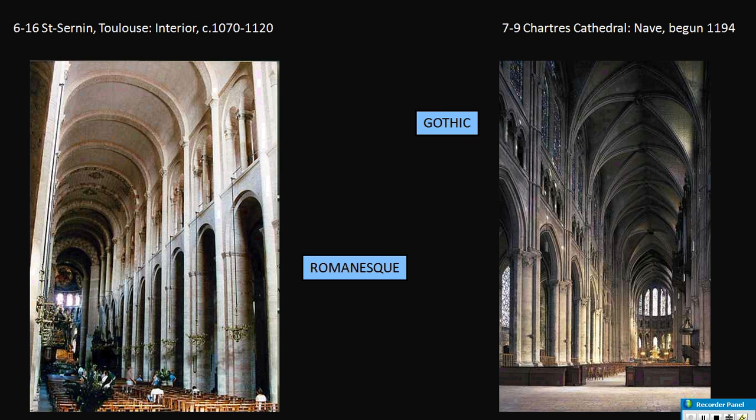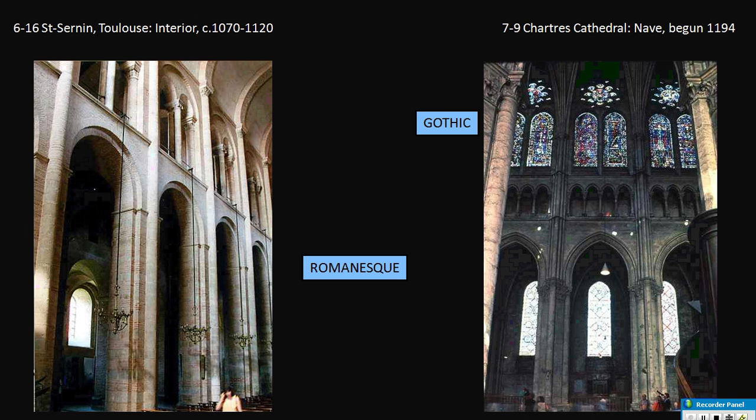The next slide shows the walls side by side, so we can see some of what we're talking about. You can see how much more of the wall is given over to windows. In the Romanesque church, the windows are incredibly small, and the opening is even larger than the window because the wall is so thick; it narrows toward the window.